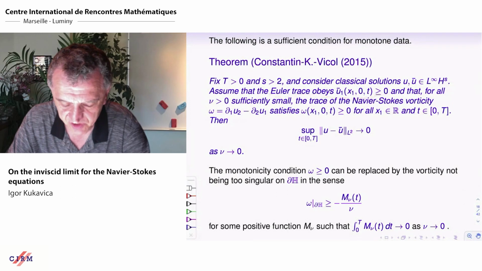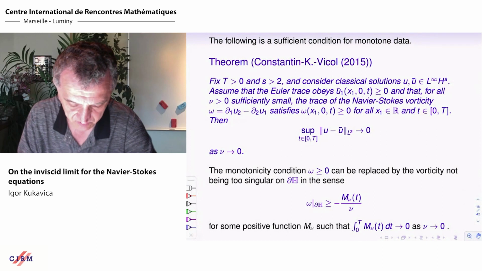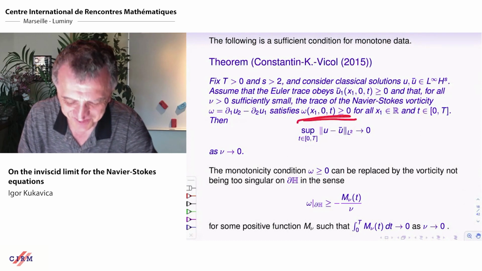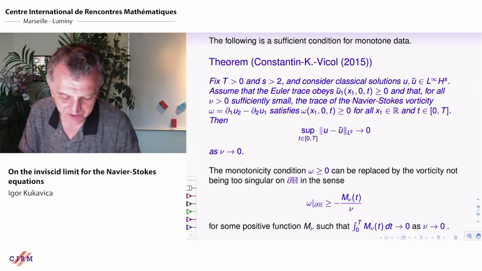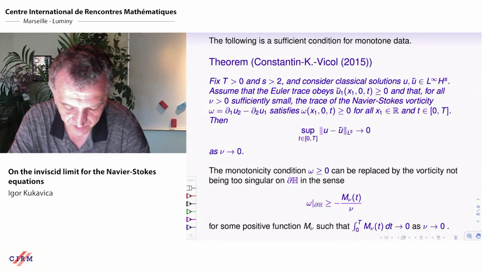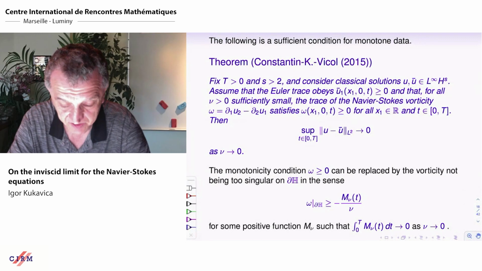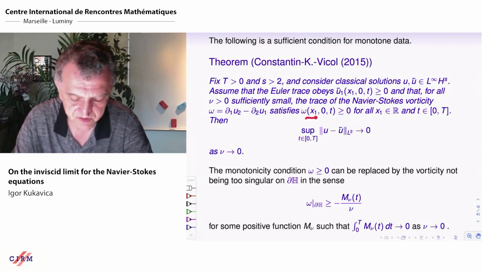So this is actually fine, because we can assume things on the Euler, but there is also a condition on the trace of U. Where is it? Yeah, here. Okay, so omega greater or equal than 0. So this is the sufficient condition for the regularity. If the Navier-Stokes vorticity is bounded from below on the boundary, then the inviscid limit holds.